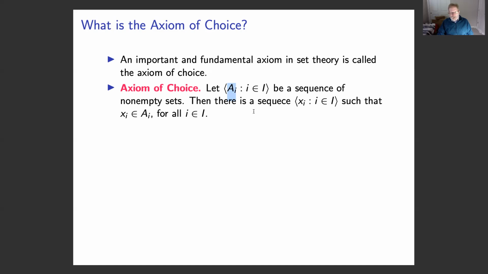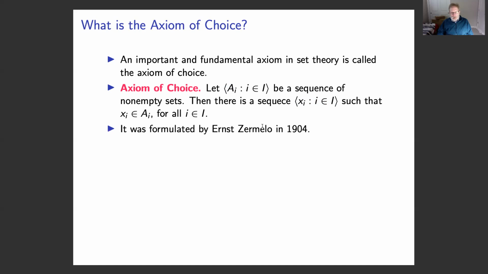It seems like an obvious thing. These are non-empty sets, and of course each one has elements, but this says you can pick elements from all the sets at the same time, more or less. It's a simple axiom, but it turns out it has deductive strength that's hard to believe.